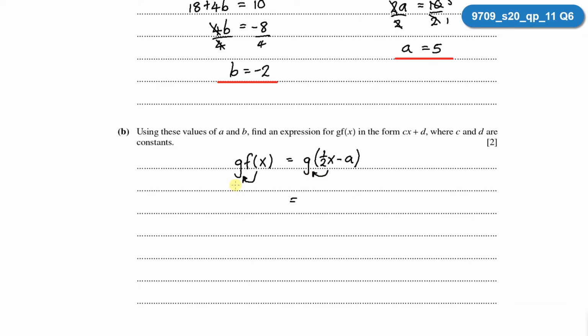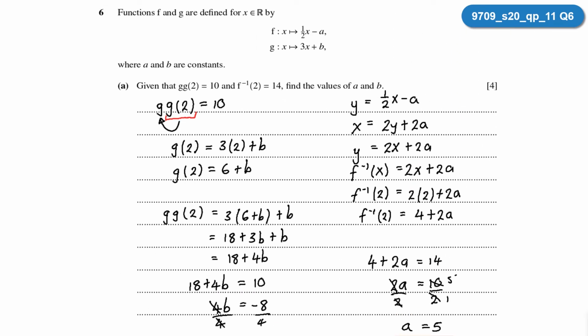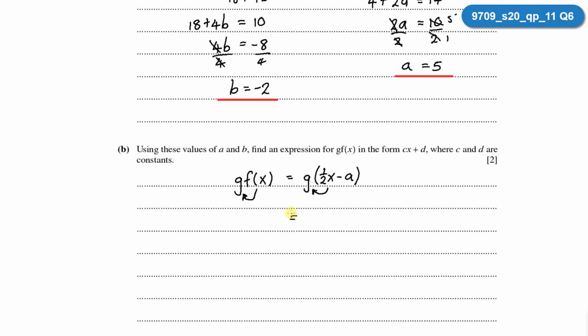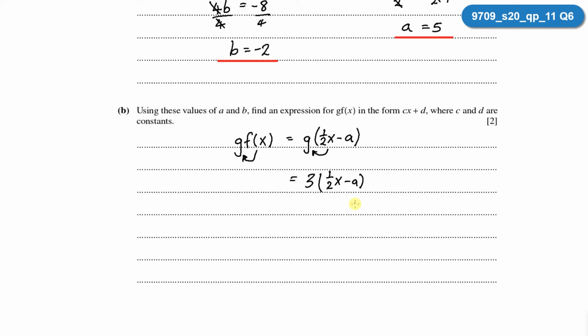And what is the function g? The function g is 3x plus b. So it means I'll be having 3 of x, which is half x minus a, plus b, which is 3 over 2 of x minus 3a plus b. But we had gotten a as 5 and b as minus 2.